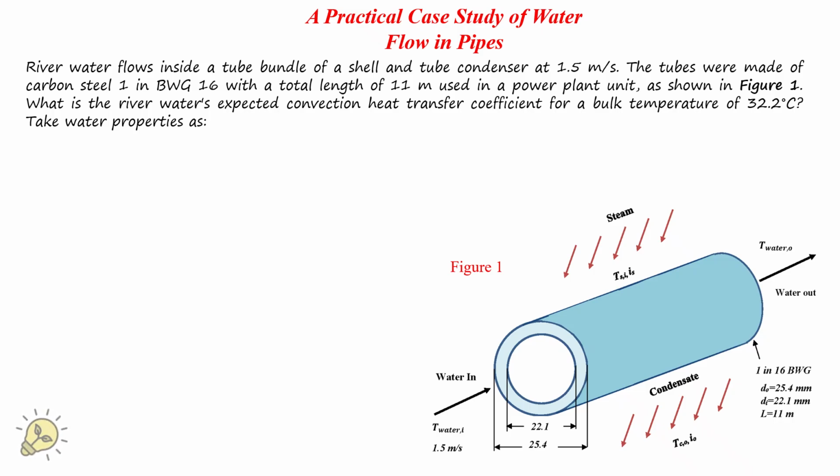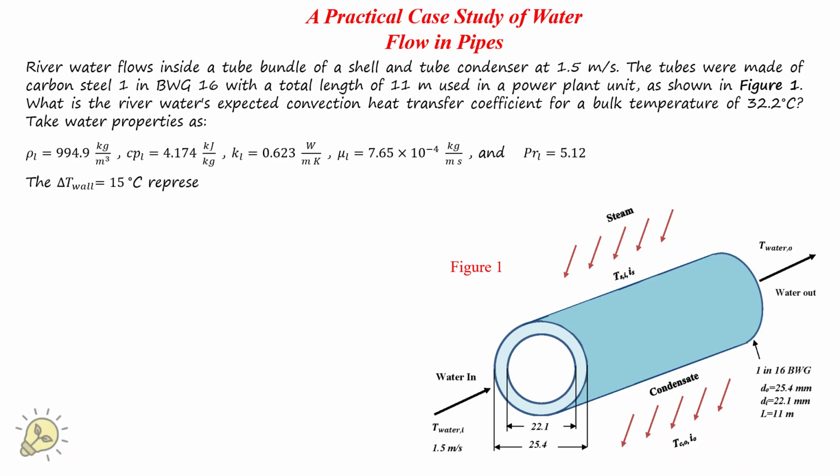It has been found also that the mean or bulk temperature was 32.2 degrees centigrade, and the properties were measured at that temperature to be rho, the liquid density, specific heat, thermal conductivity, dynamic viscosity, and finally we have a Prandtl number equal to 5.12. The temperature difference between the wall and the bulk fluid was estimated to be 15 degrees centigrade.